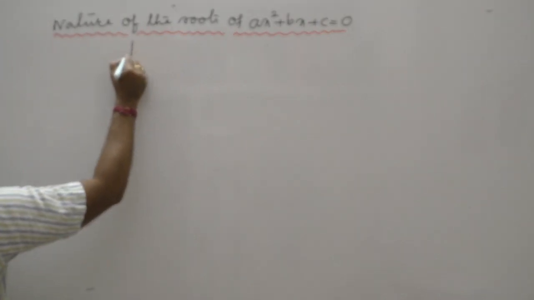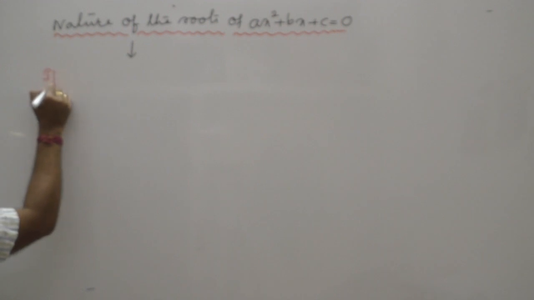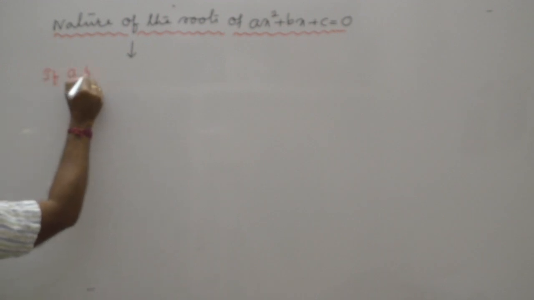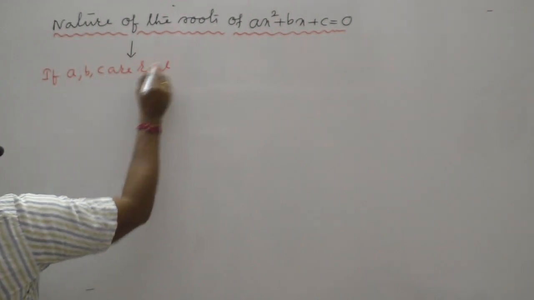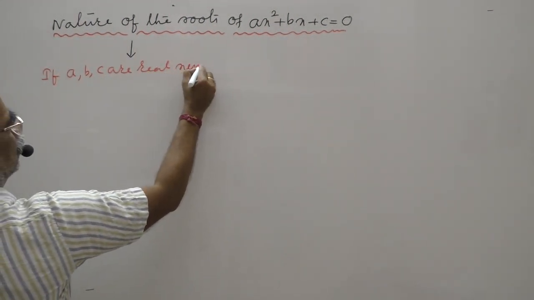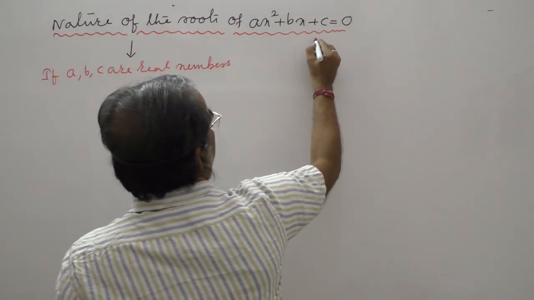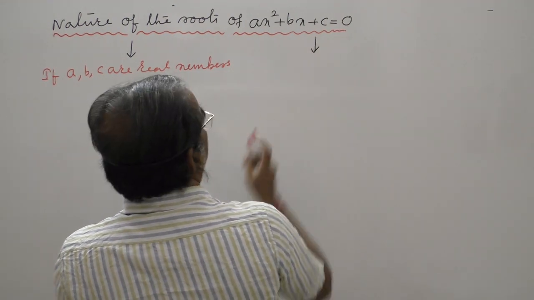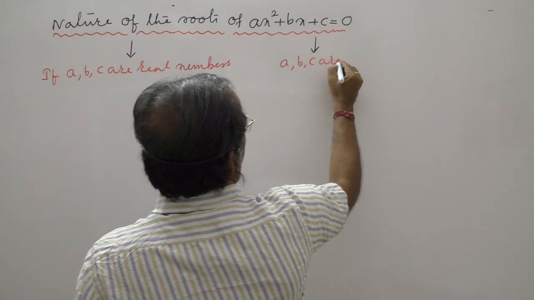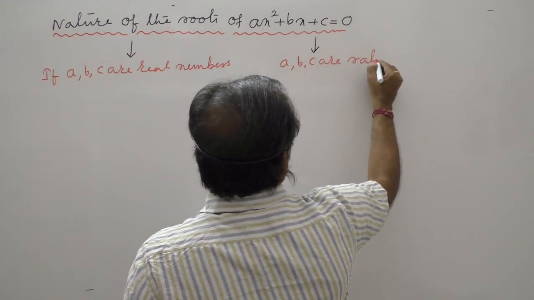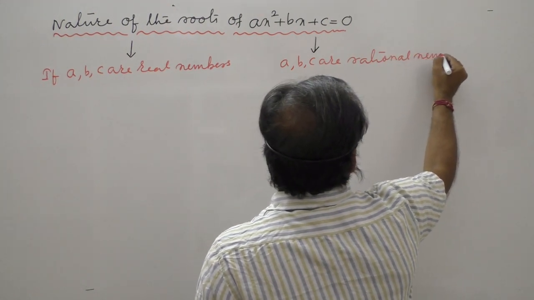First one, see carefully. What is the first case? If a, b, c are real numbers. Next, second case, if a, b, c are rational numbers.